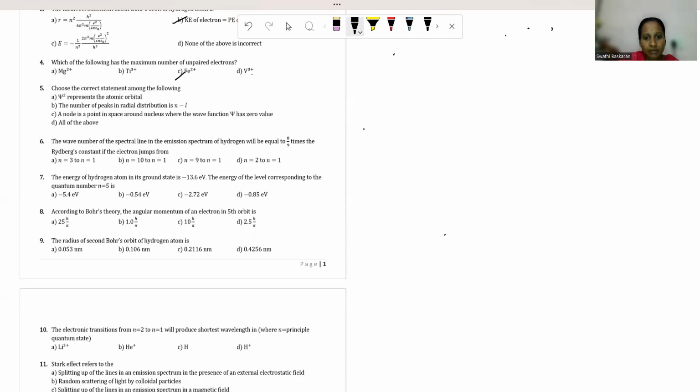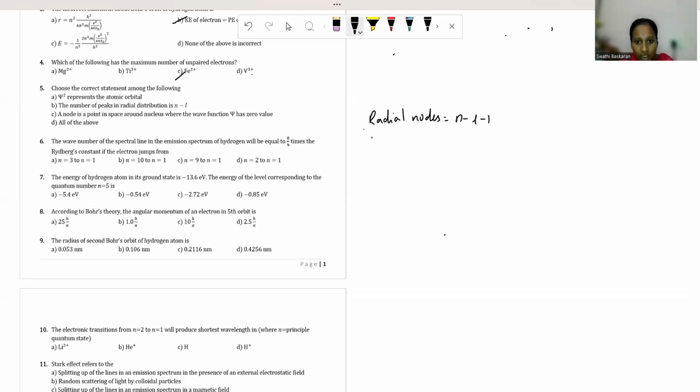Okay, now this can be understood in this way, where we know the formula for determining the number of radial nodes, right? So what is the formula for determining the number of radial nodes? Radial nodes is equal to n minus L minus 1.